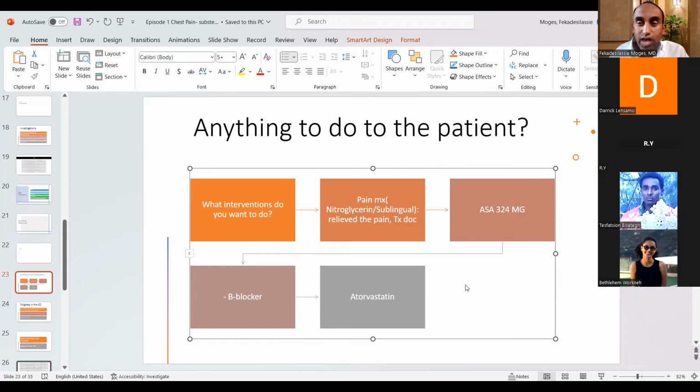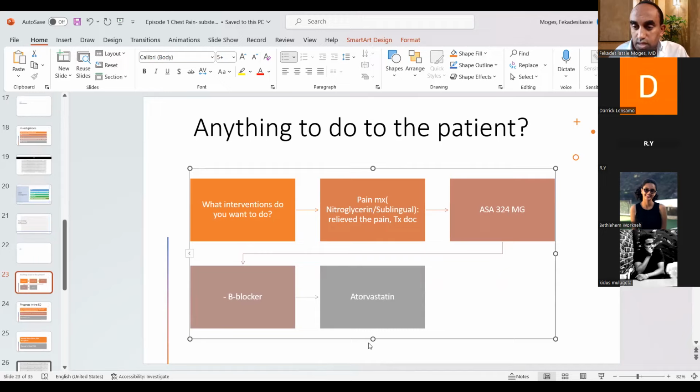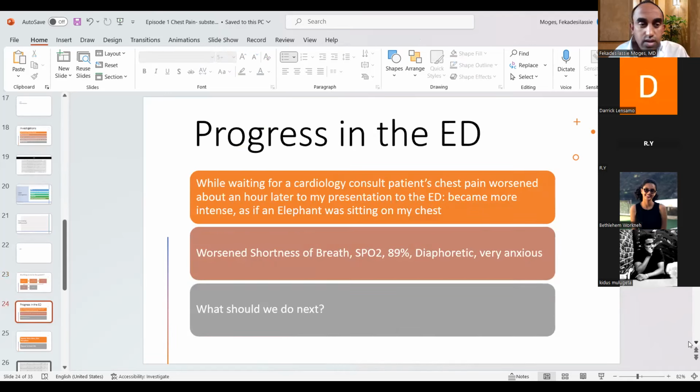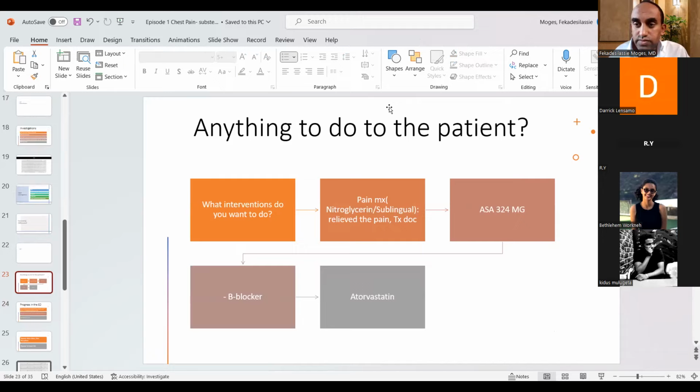Come on, guys. The doctors, Aganesh, Meron, and Fitsum. Dr. Fitsum, are you still here? Dr. Fitsum, are you here? Zex, is Dr. Fitsum here?